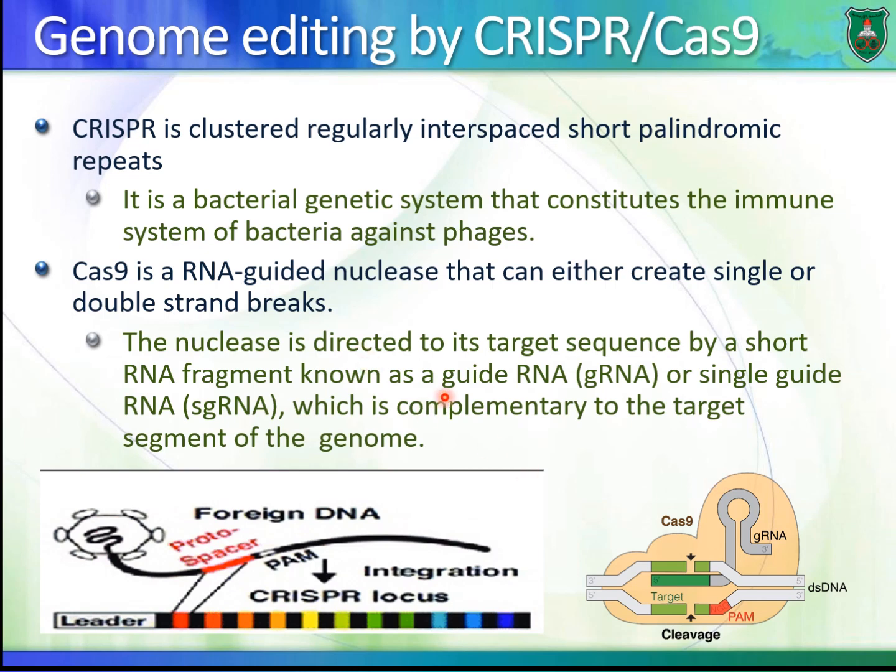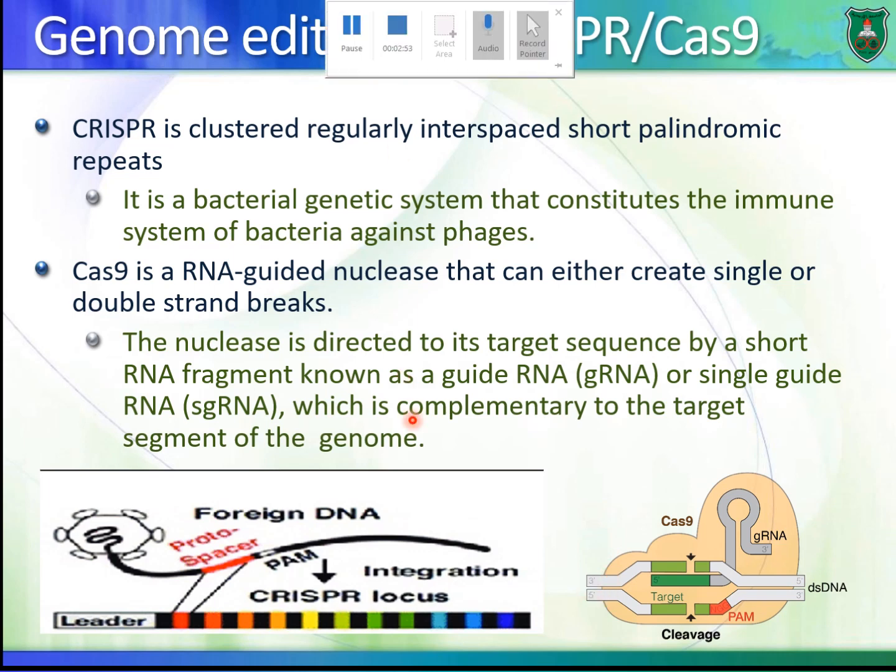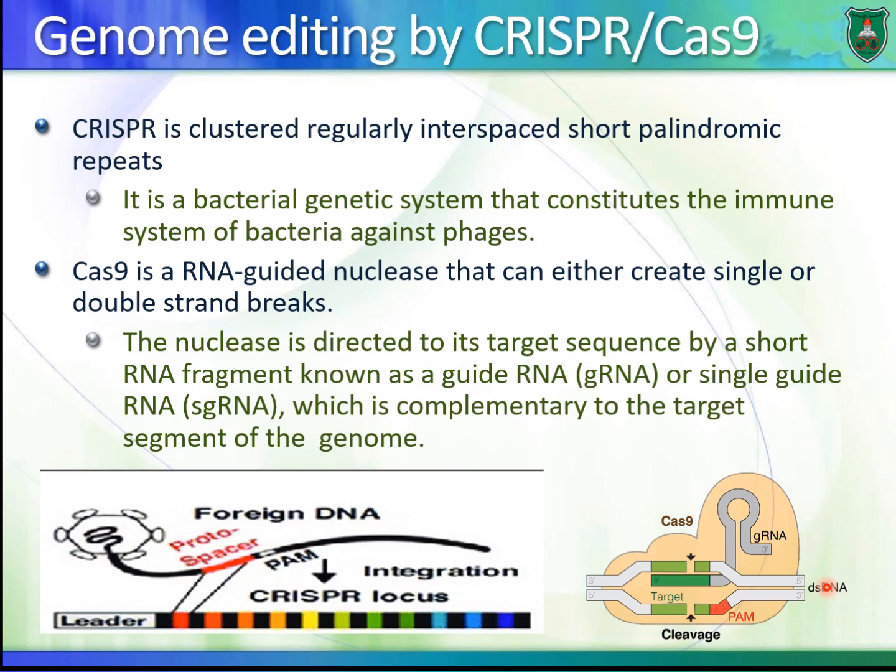It is guided by this RNA sequence, and it goes to a DNA molecule that is complementary to this RNA sequence, and then the nuclease, the enzyme, cuts the DNA molecule that is complementary to this RNA. The RNA molecule is known as gRNA, that is guide RNA, or single guide RNA, since it is single stranded.